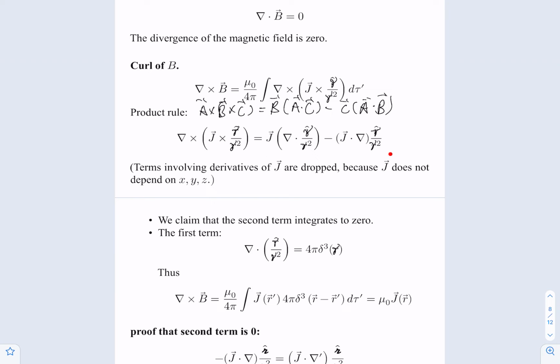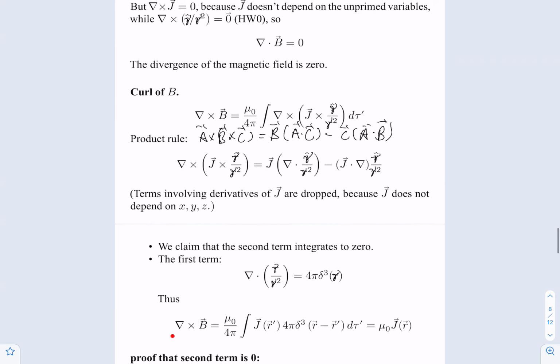Now keep combining these terms and the 0. What we arrive at finally is that del cross B should be equal to mu naught J times the delta function, where this delta function is of the separation vector, and the separation vector is r minus r prime.